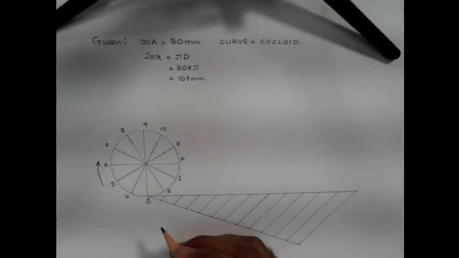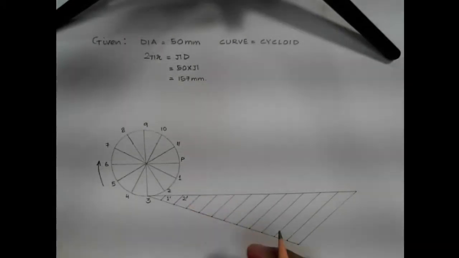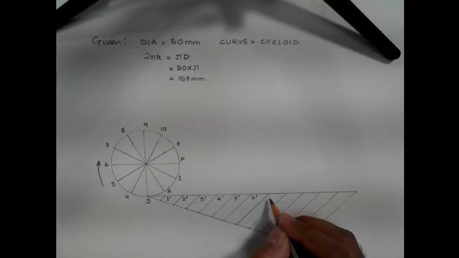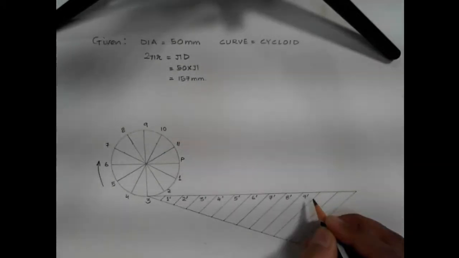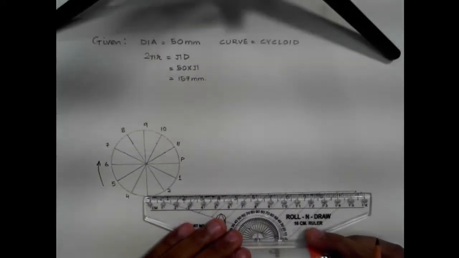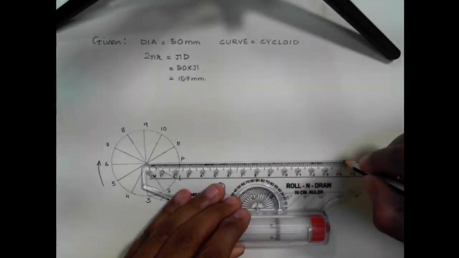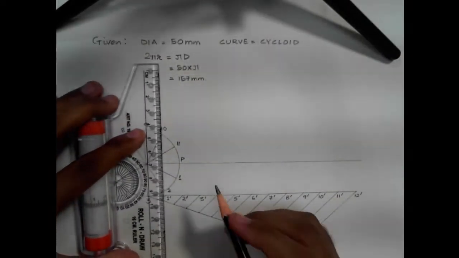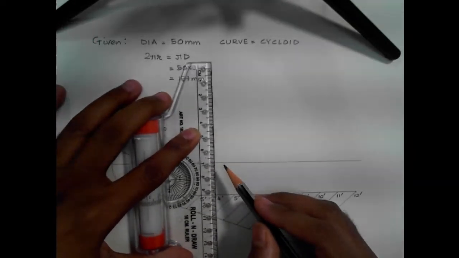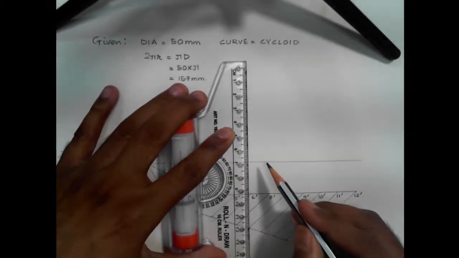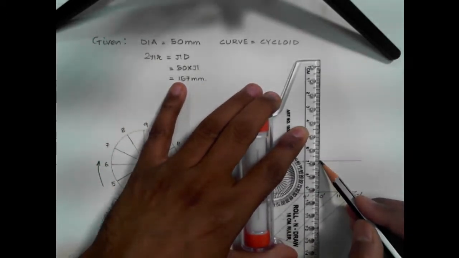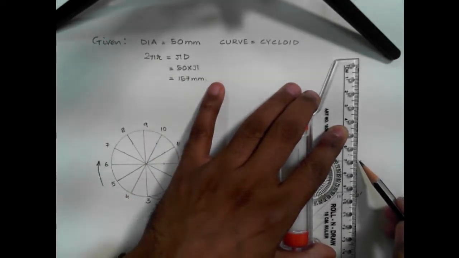Now let us name it as 1 dash, 2 dash, 3 dash, 4 dash, 5 dash, 6 dash, 7 dash, 8 dash, 9 dash, 10 dash, 11 dash, and 12 dash. Similarly, the very next, we take the center line extended and take all these points 1, 2, 3, 4, 5, 6, 7, 8, 9, 10, 11, and that 12th, right?